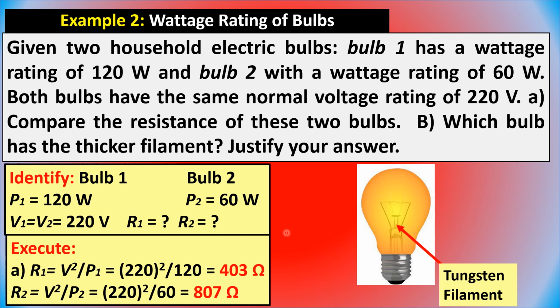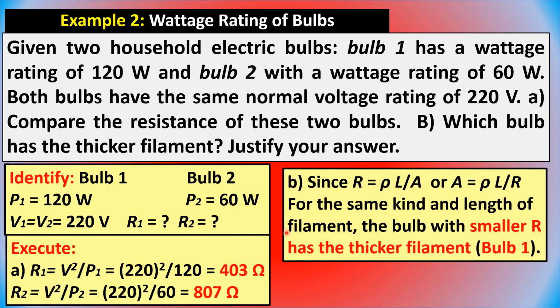Now, in answering letter B, we make use of the relation of resistance, big R, to properties or quantities such as the length of the filament and the thickness of the filament, expressed as cross-sectional area.